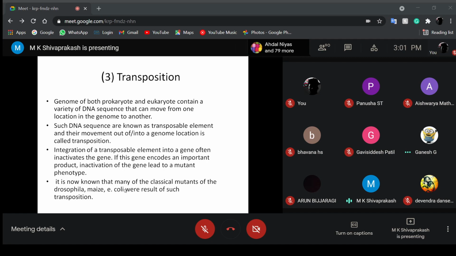Then transposition. The genome of both prokaryotes and eukaryotes contains a variety of DNA sequences that can move from one location in the genome to another. Such DNA sequences are known as transposable genetic elements, or transposons, and their movement to and fro in a genome is called transposition.